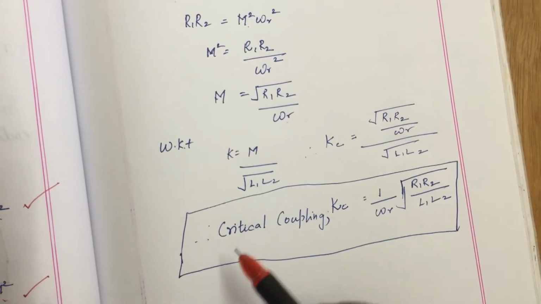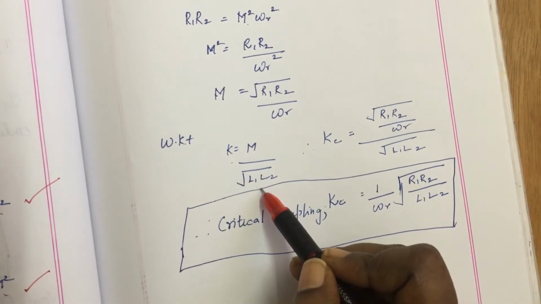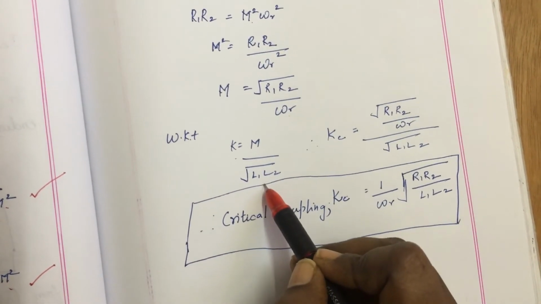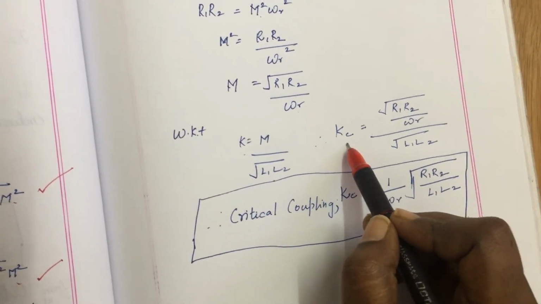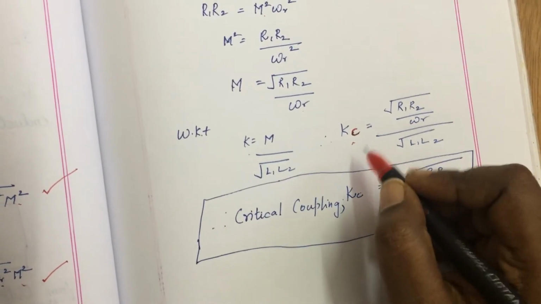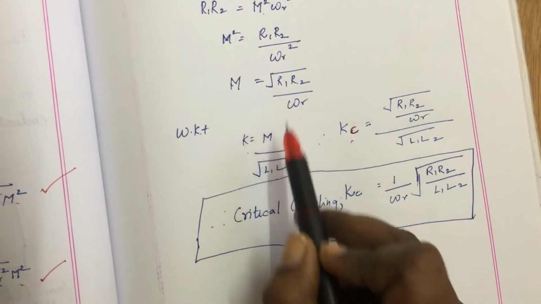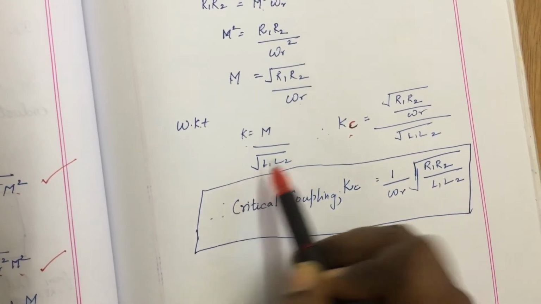But we know that our coefficient of coupling K is equal to M by root of L1 L2. Now I have got my coefficient, so I can get my critical coupling Kc. Critical coupling Kc becomes this value divided by this value, M divided by root of L1 L2.